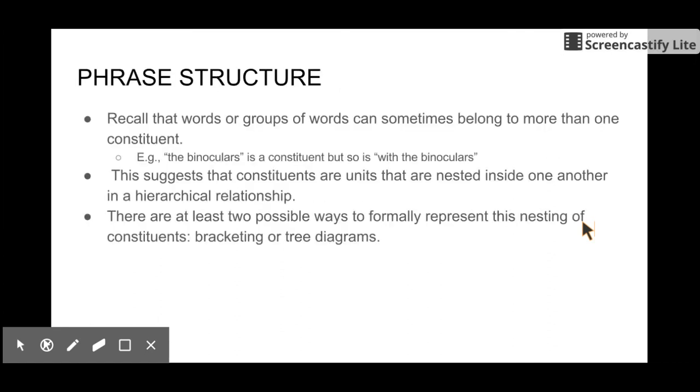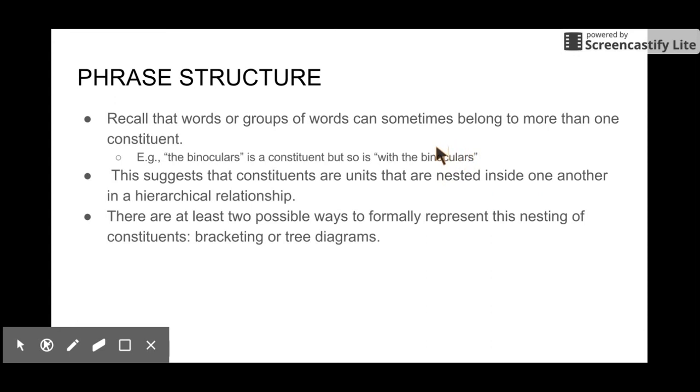So recall that words or groups of words can sometimes belong to more than one constituent. For example, here we have the binoculars. These two words are a single constituent. However, if these two words, the binoculars, are inside another phrase, then we have a bigger constituent.